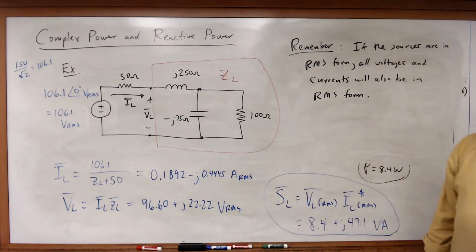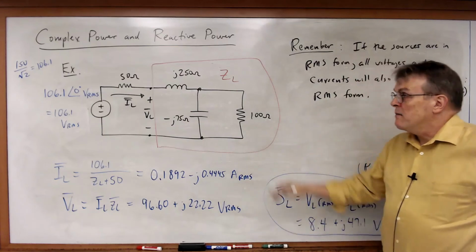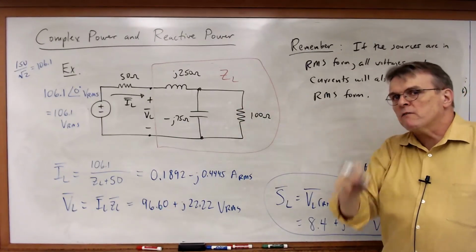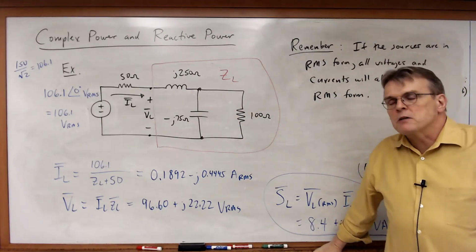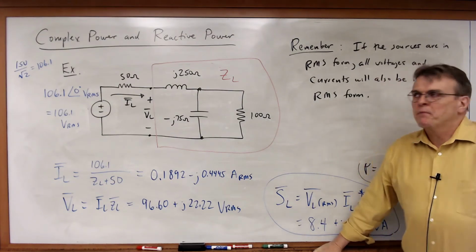So, if the sources are RMS, everything is RMS. Impedances don't change, and impedance is not a voltage or current phasor. So impedance is going to be exactly the same, but voltages and currents will be in RMS form.